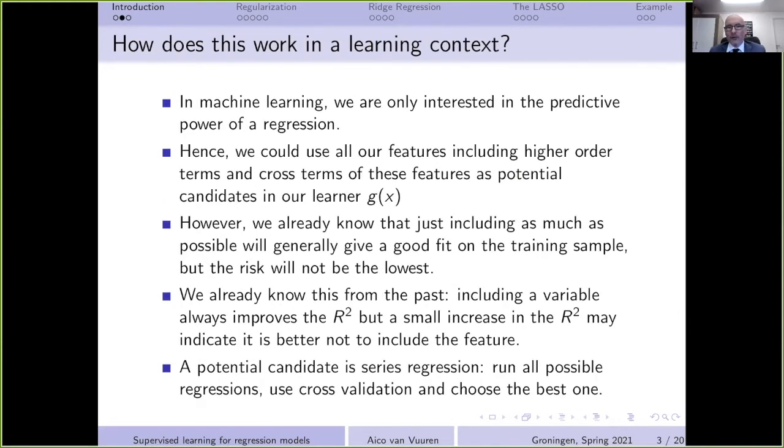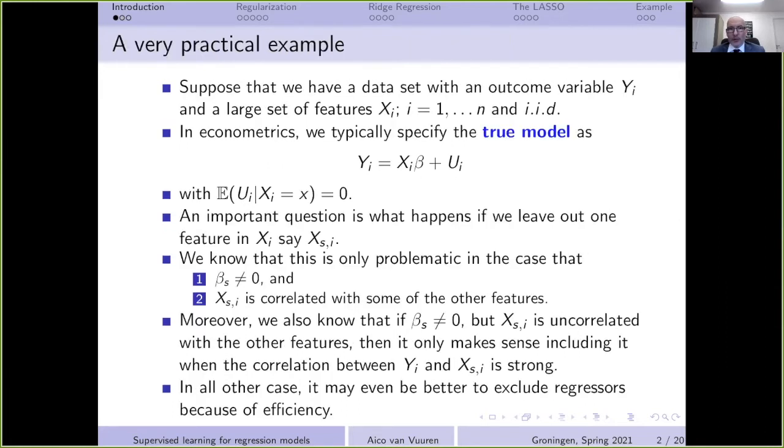What we have to do is, of course, not look at the training risk, but we should do cross-validation, or we should look at the so-called validation risk based on a validation sample. And that we can do here as well. What we could do is look at a large set of features, like I already have said before. We might even want to include higher order terms of the continuous features that we have over here.